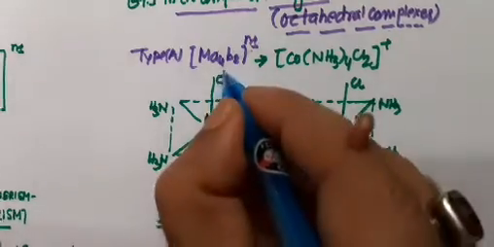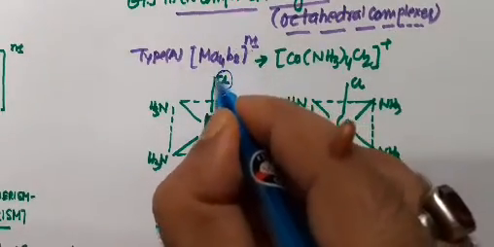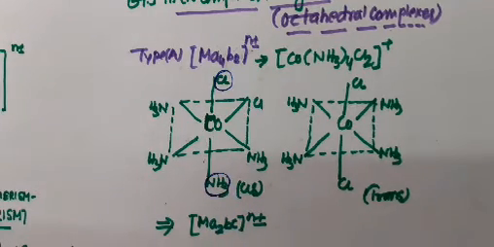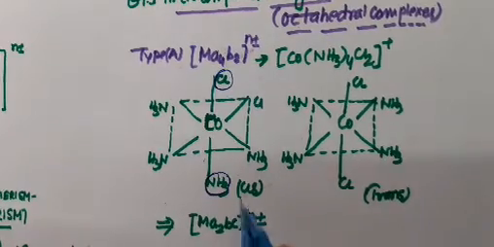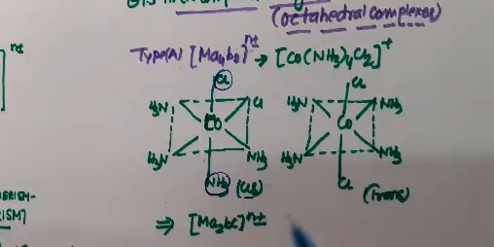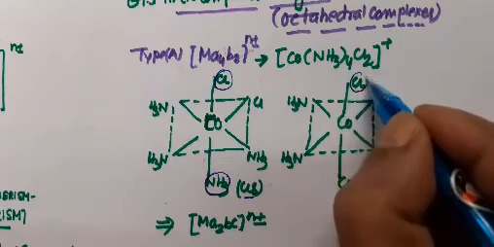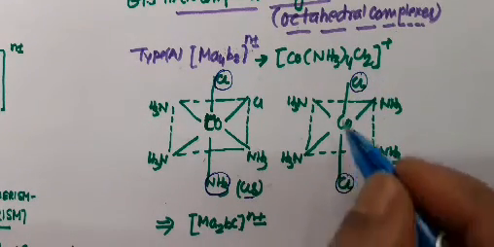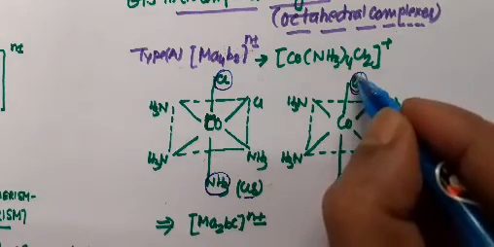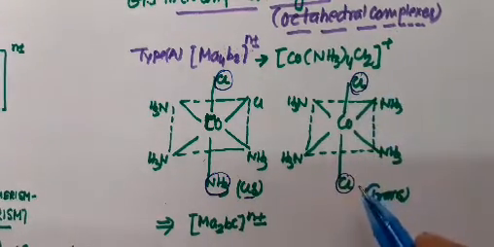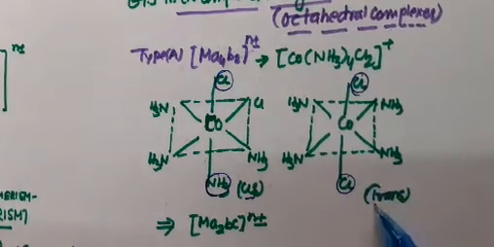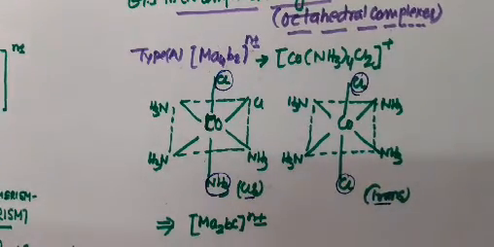A very simple method to find out cis and trans: when along the axial bond two different ligands are placed opposite to the central metal atom or ion, then it is called cis. And when identical ligands are placed opposite to the central metal atom along the axial bond, it is known as the trans isomeric form.